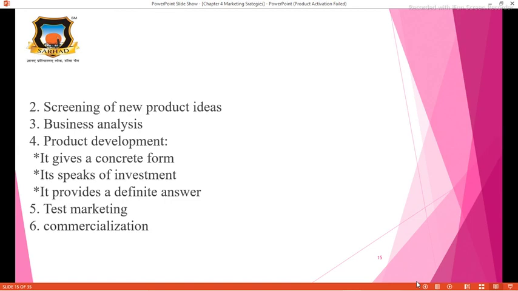Product development is a specific task leading to the designing and development of a prototype working model on the one hand, and a testing of the functioning of the product on the other hand.